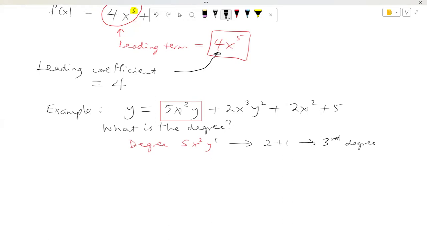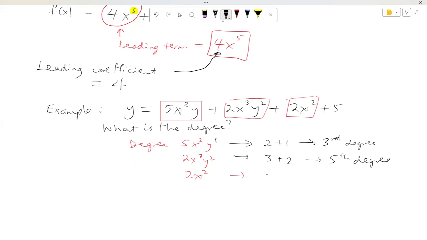Now the degree of the next term here, 2x to the power 3 y squared, you add up the exponents here. So you have 3 plus 2. So that gives us a fifth degree term. Then when we take the next one, the degree of 2x squared, this one has just a single exponent here.